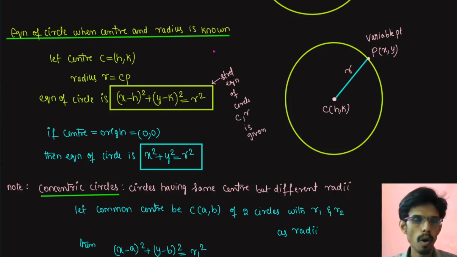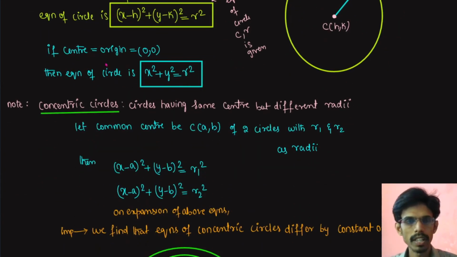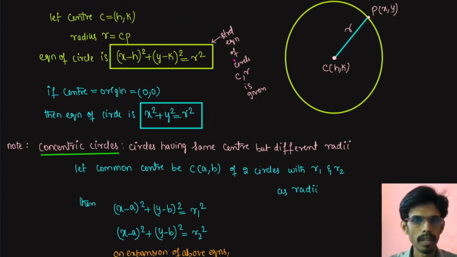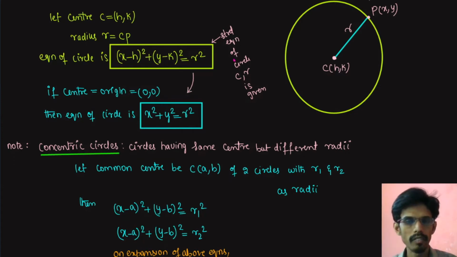This form of the circle equation is used when we know the center and radius in advance. Now if the center is origin 0 comma 0, then this equation will become x square plus y square equal to r square.